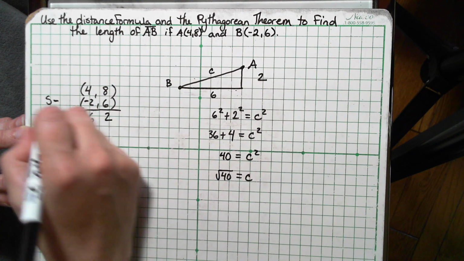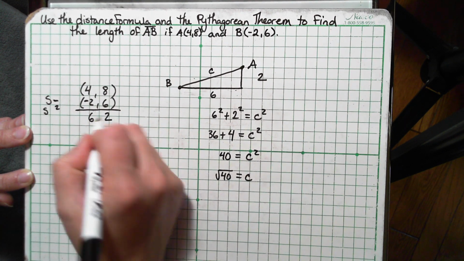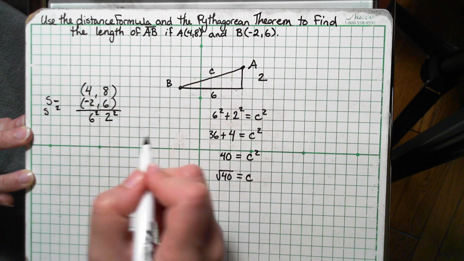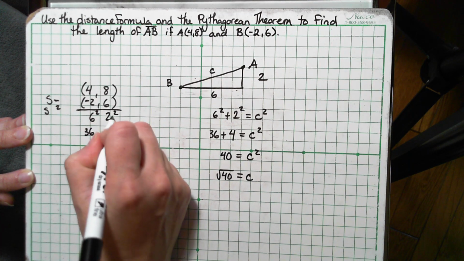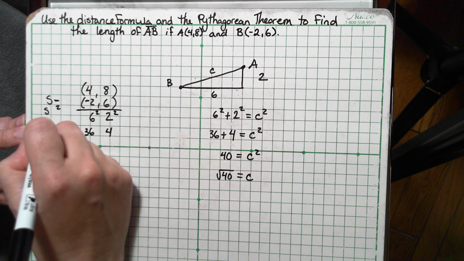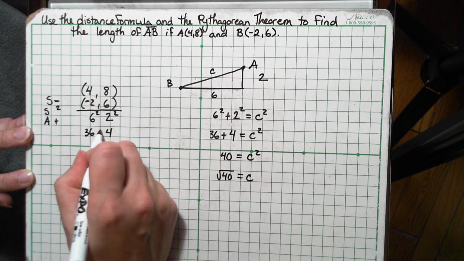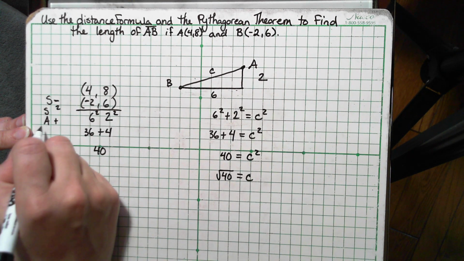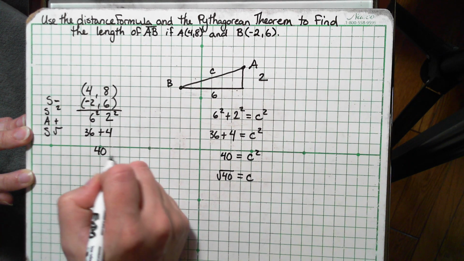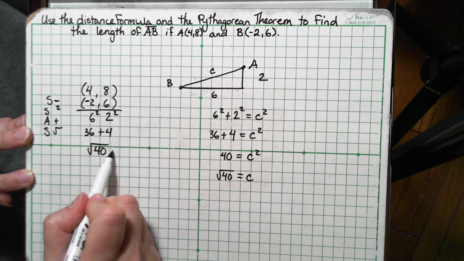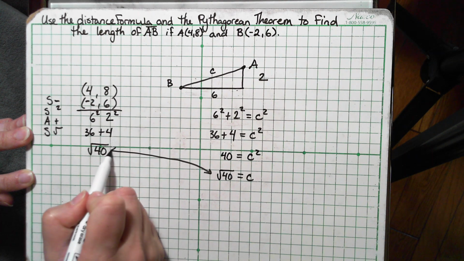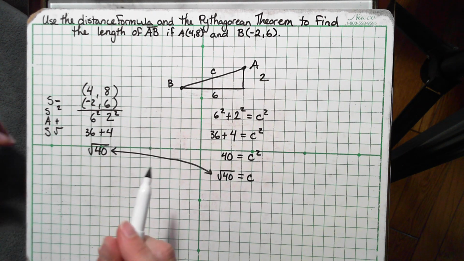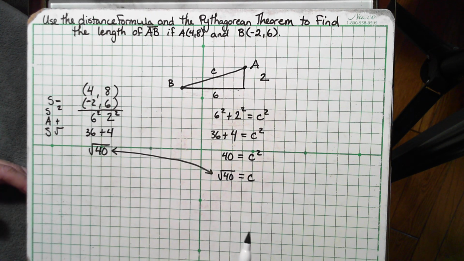Then I'm going to square. 6 squared is 36, and 2 squared is 4. Then I'm going to add. 36 plus 4 is 40. And then I'm going to square root. So it's the square root of 40. And they just want you to verify that you get the same number both times, because the distance formula is based off of the Pythagorean theorem.